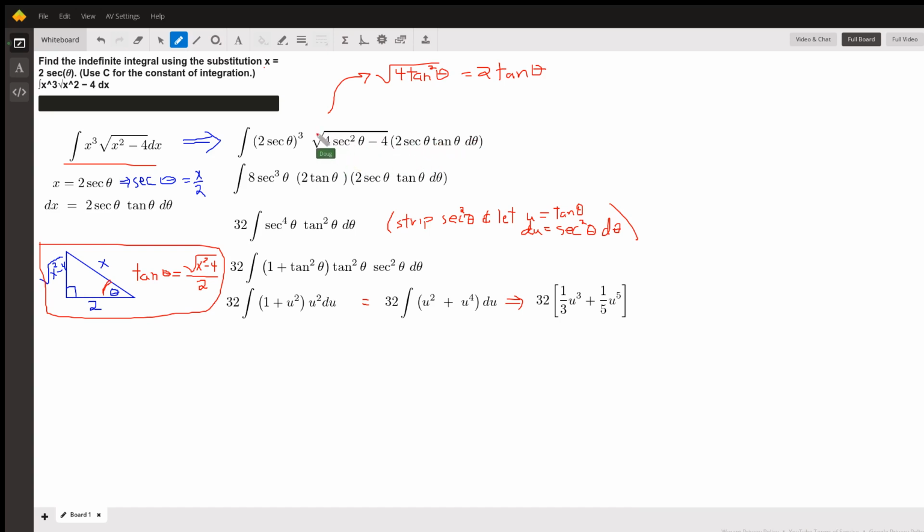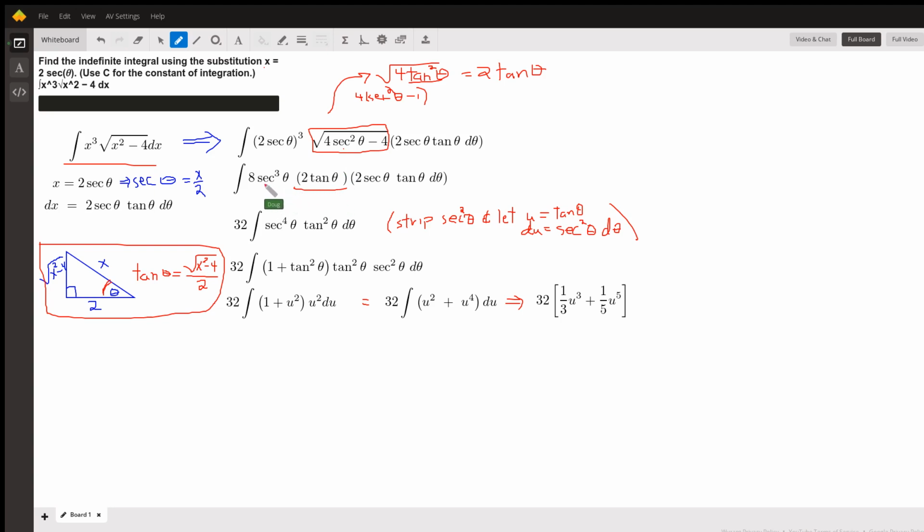So the whole key is this radical right here: if you factor out a 4 from both terms, you get 4 times the quantity secant squared minus 1. But secant squared theta minus 1 is the same as tangent squared. And now you can take the square root of 4 tangent squared theta and get 2 tangent theta. That's where this came from, by simplifying this radical.